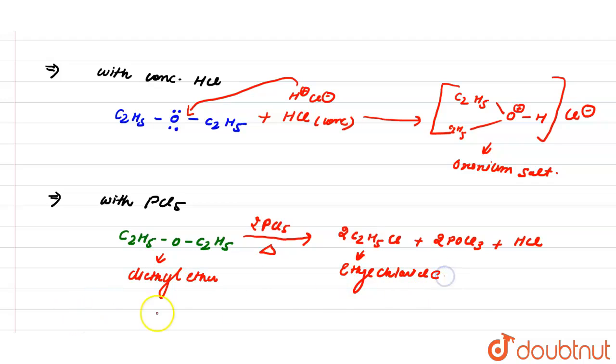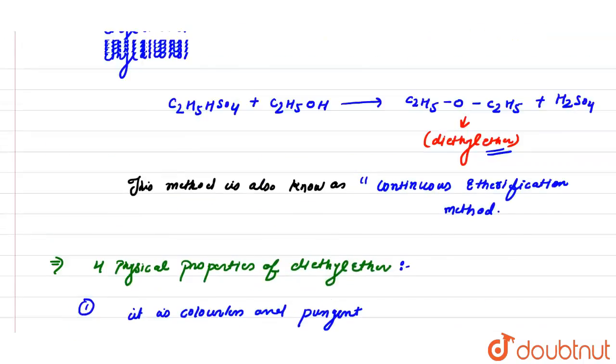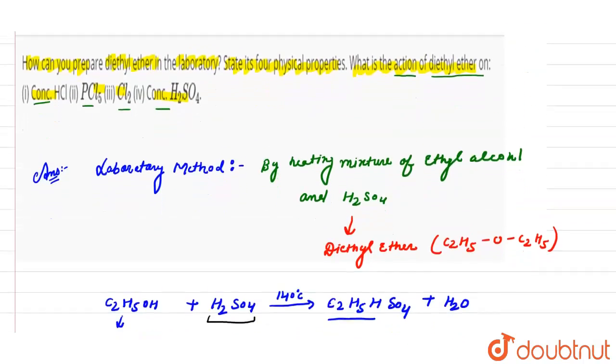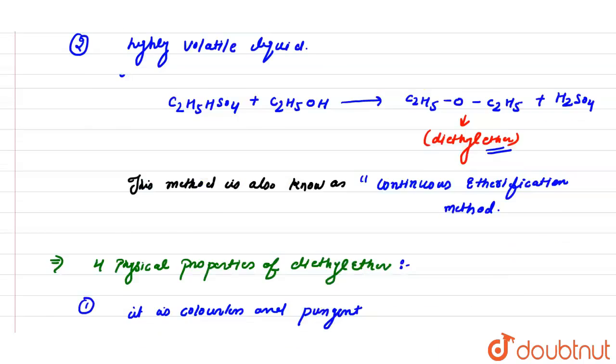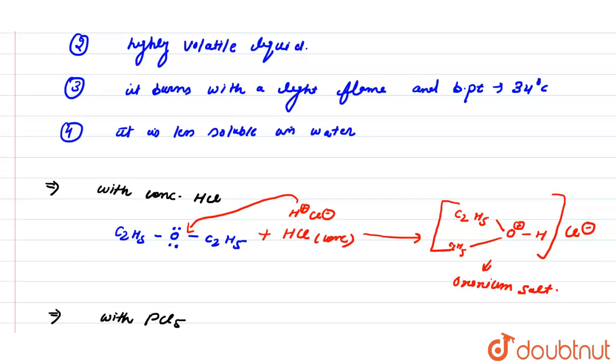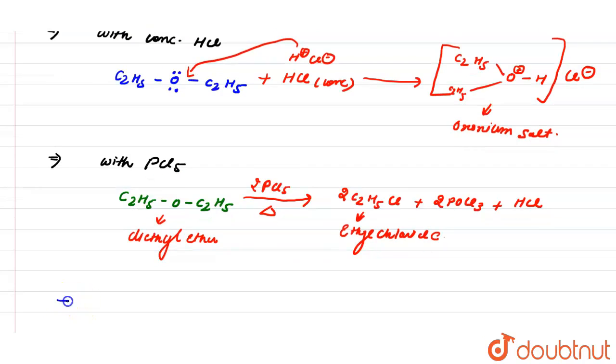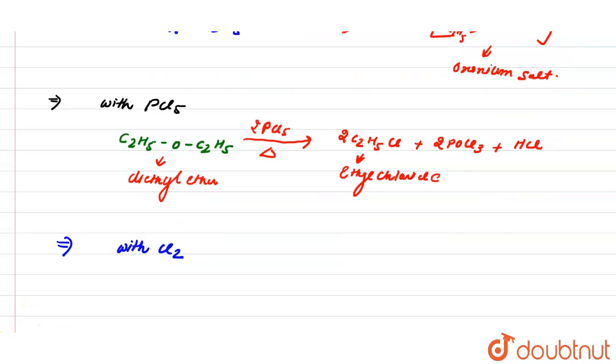Now we see the next, that is Cl2. In the presence of sunlight and excess chlorine, all the hydrogen atoms of ether are substituted by chlorine atoms.